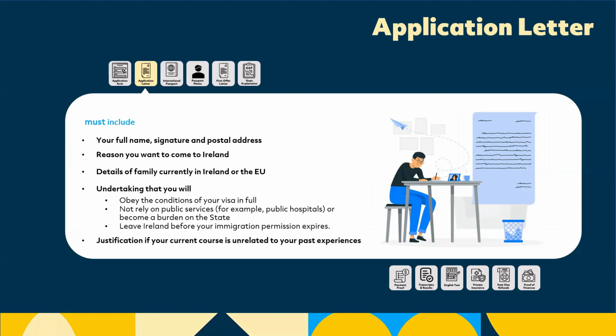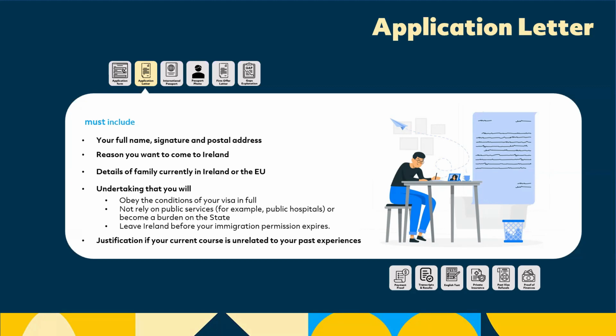You would leave an undertaking that you would leave Ireland before your immigration permission expires. So again, sometimes it might be advised to just copy this part, so in your letter, somewhere towards the end, you just say, I promise to obey the conditions of my visa in full and not rely on public services or become a burden to the state. Additionally, I promise to leave Ireland before my immigration permission expires.